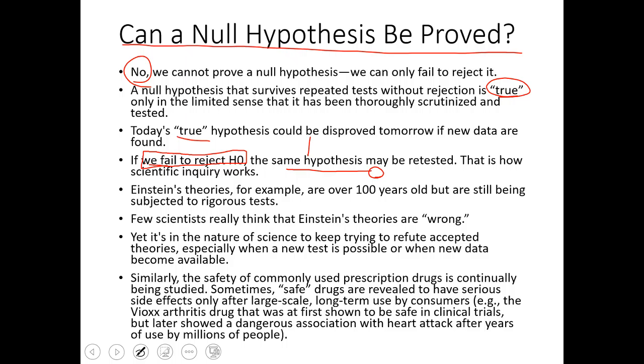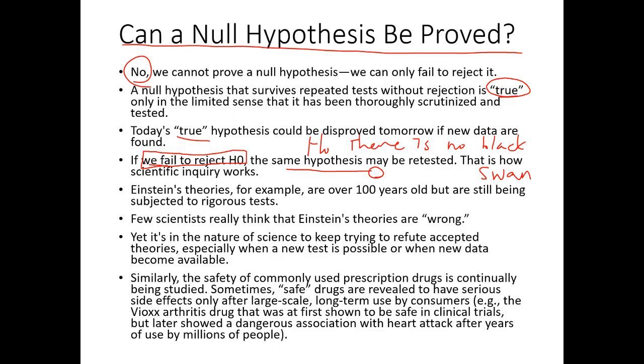For example, the null hypothesis is that there is no black swan, so every swan is white. This null hypothesis was not rejected until the 18th or 19th century.